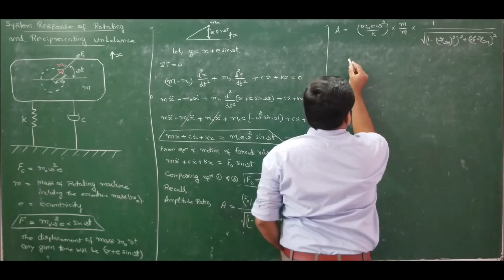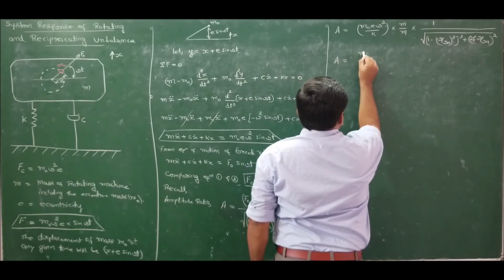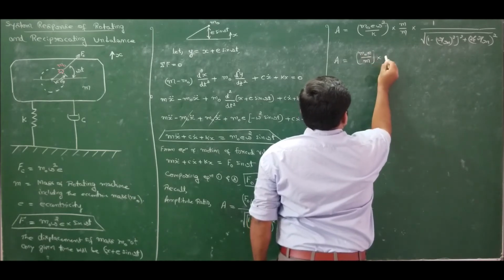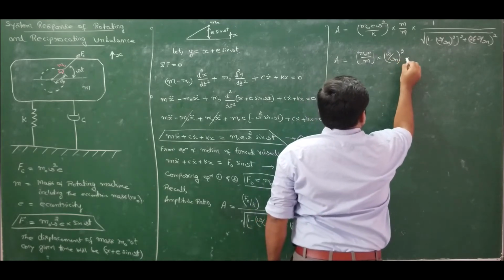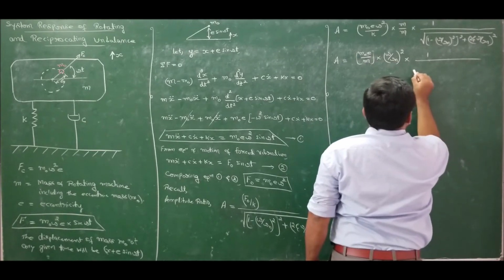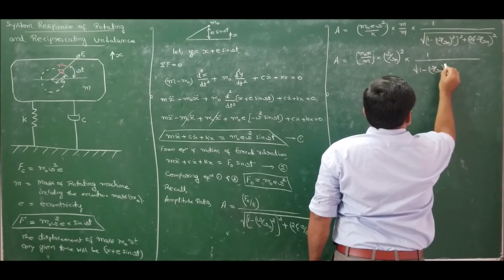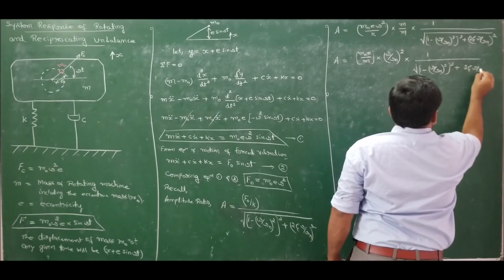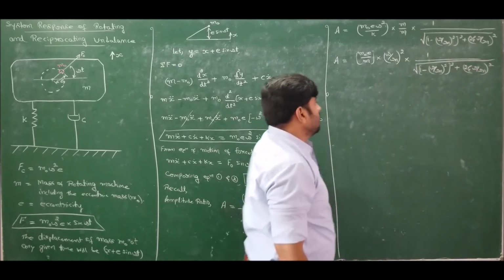So if I simplify further, A is equal to m naught e by m into omega by omega n whole square into 1 divided by root of 1 minus omega by omega n whole square plus 2 zeta omega by omega n whole square, correct?